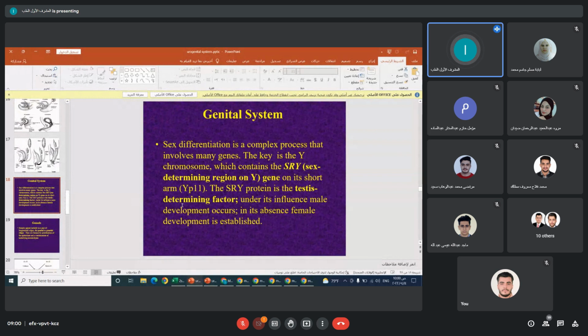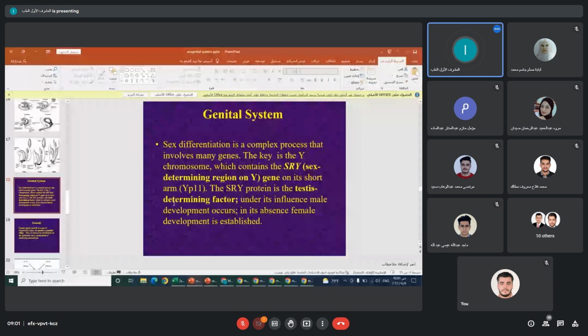The genital system here, we know that the main corner of this is the genes, and you have to differentiate whether there's XX or XY. The sex differentiation is a complex process that involves many genes, but the key is the Y chromosome, which contains SRY, the sex determining region on the Y chromosome, which is present on the short arm, Yp11.